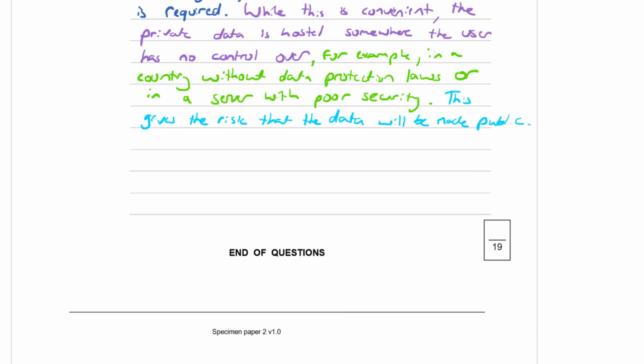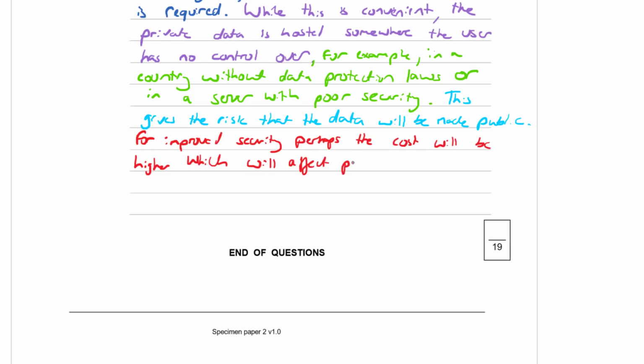We need to somehow link it to the other two mentioned, which were cost and environmental. So we could say something like, for improved security, perhaps the cost will be higher, which would affect poorer customers most.